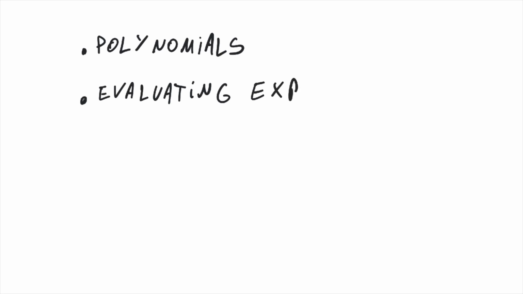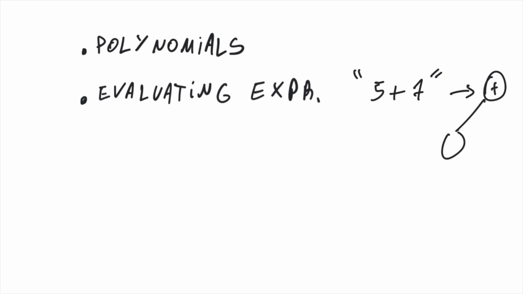This is essentially parsing, right? If you get some expression like, I don't know, 5 plus 7 as a string, how do you transform this either into a tree or some other structure, saying, for example, this is a plus and it joins a 5 and a 7, or you may actually want to directly evaluate this and get the result.